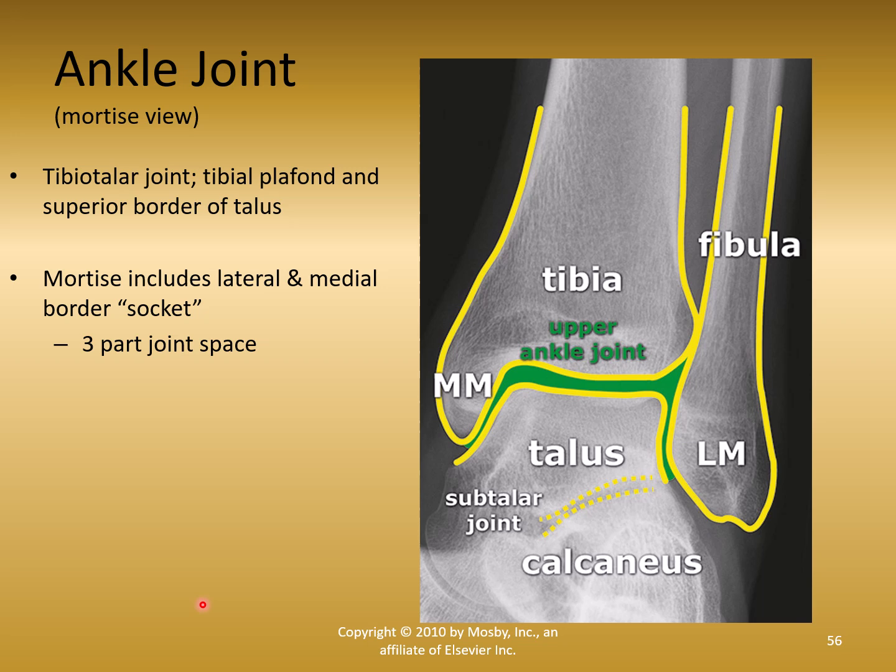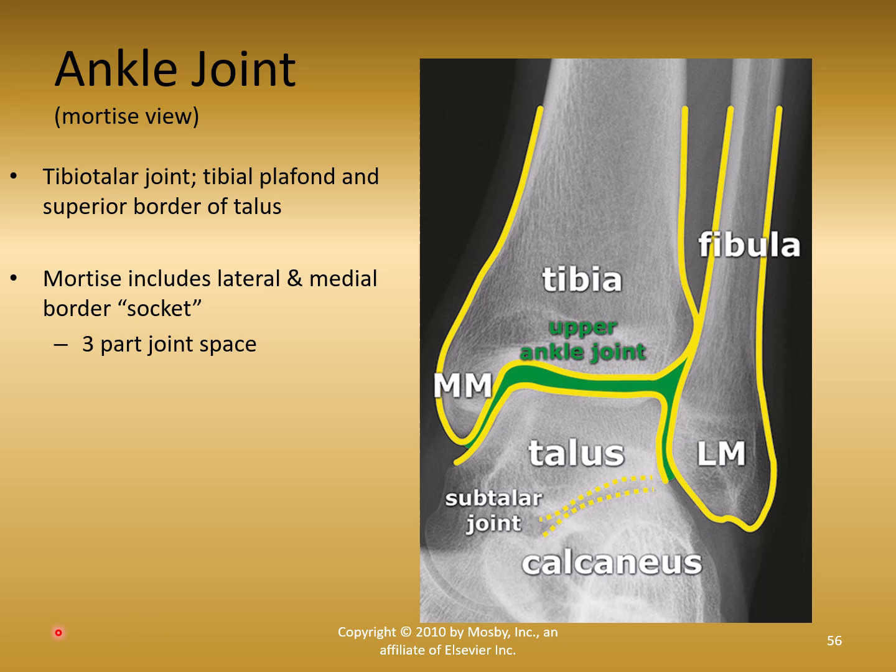So sufficient rotation demonstrated by the no superimposition of the talus and the Mortise joint open from the medial side, the superior side, and the lateral side of the joint. So the entire 3 parts of the joint space are open.